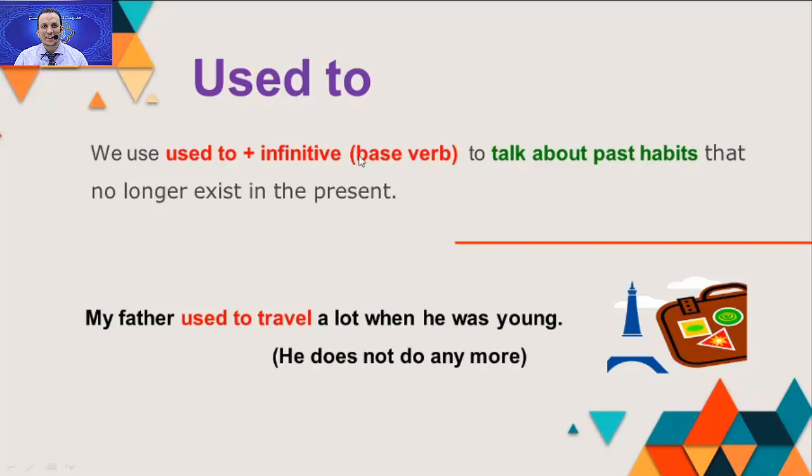Infinitive means the base verb without any addition, without s, without ed, without ing. Why do we use used to? We use used to express and talk about past habits that no longer exist in our present time.